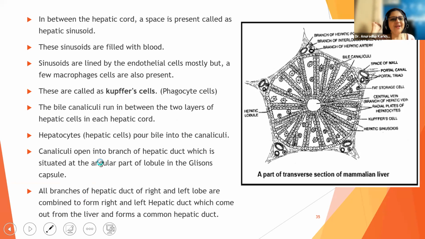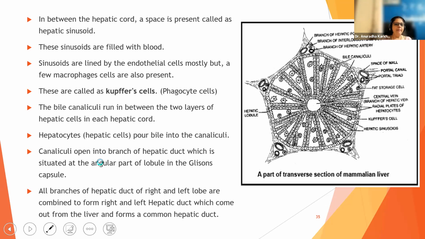So the bile canaliculi and hepatic sinusoids both are gaps. But the bile canaliculi is sandwiched between the two rows of hepatocytes, and the sinusoids are between the two bands or the two hepatic cords.